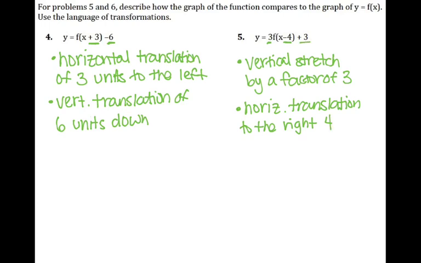And the plus 3 on the outside is going to be a vertical translation up 3. And those are your transformations for 4 and 5.